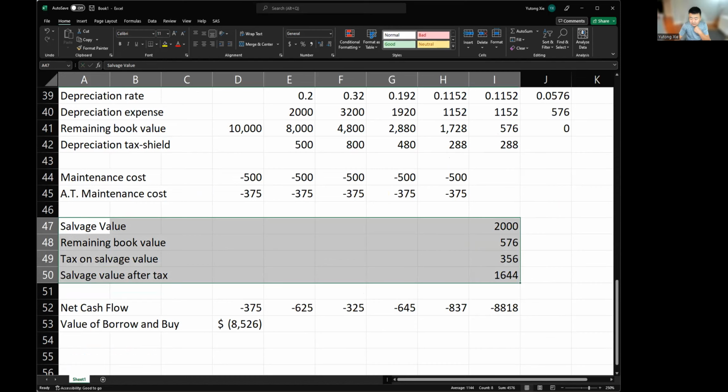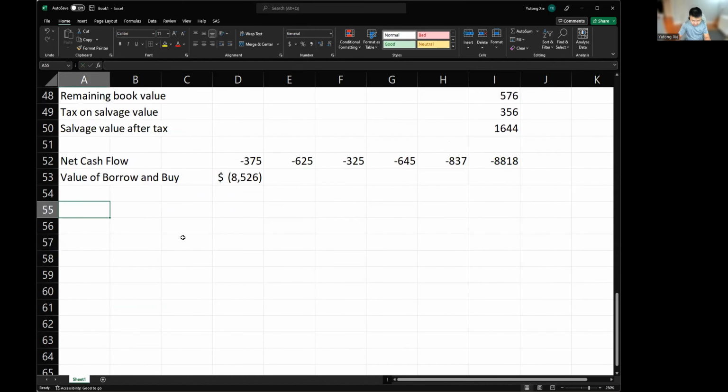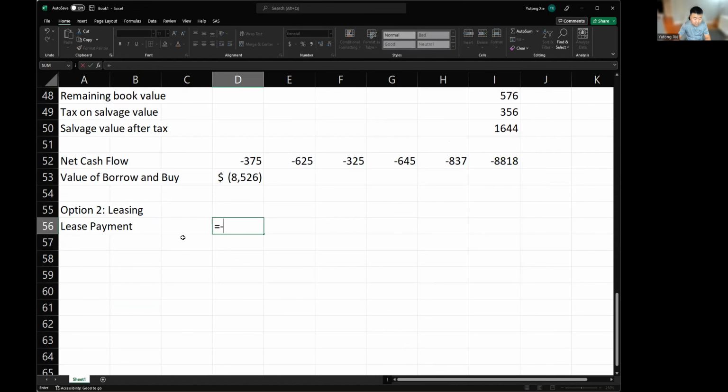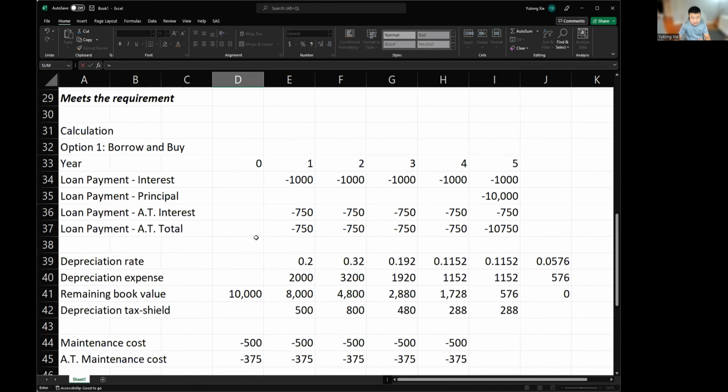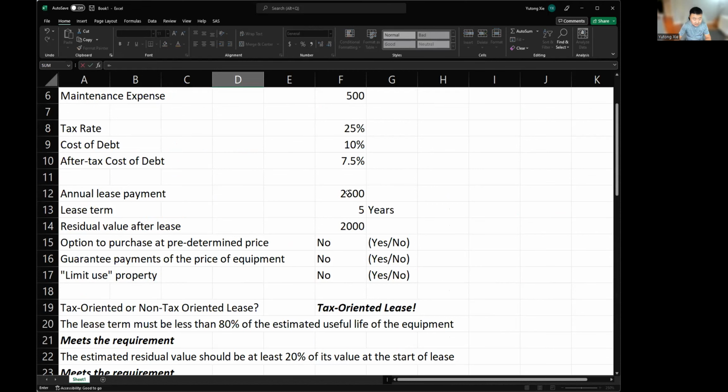Okay, and then what we need to do is to evaluate option 2, which is leasing. In the leasing, we will have lease payment that's once again due at the beginning of each year. So I'm going to call it negative, right? Just to learn from what we missed earlier.